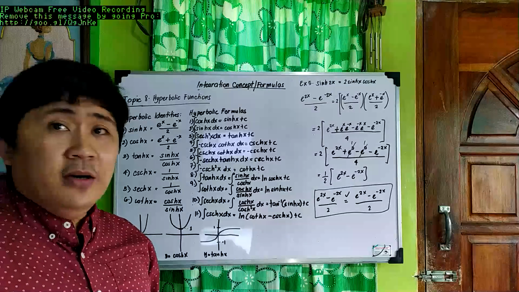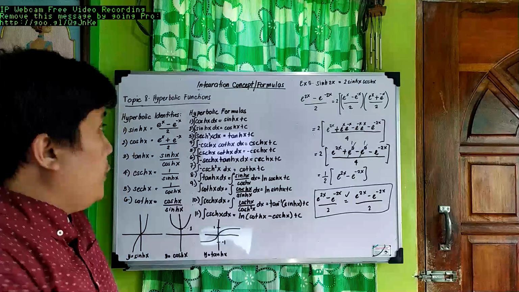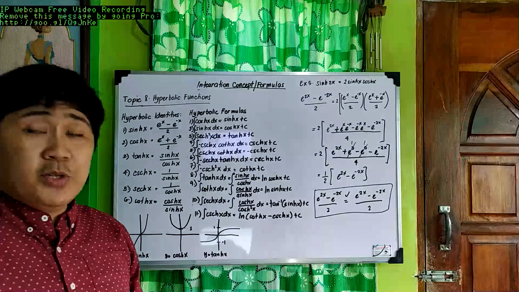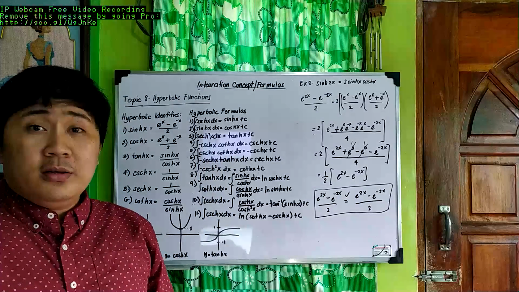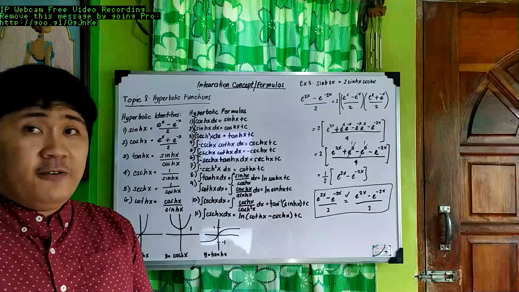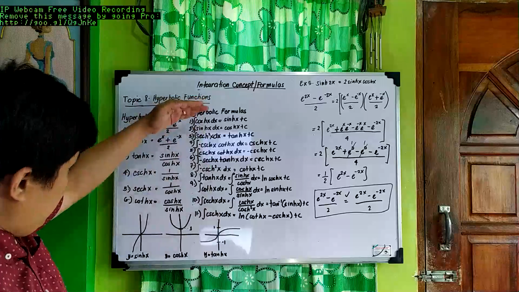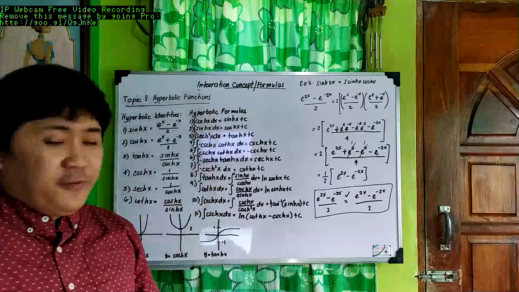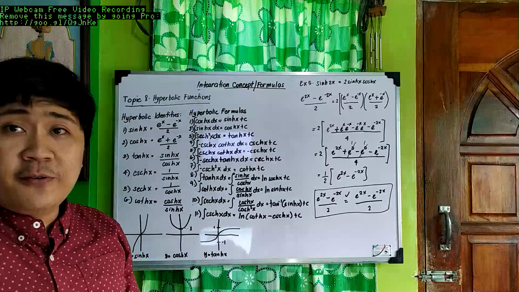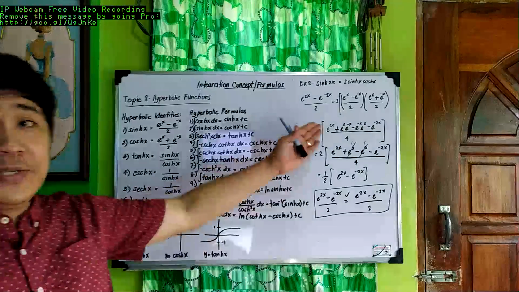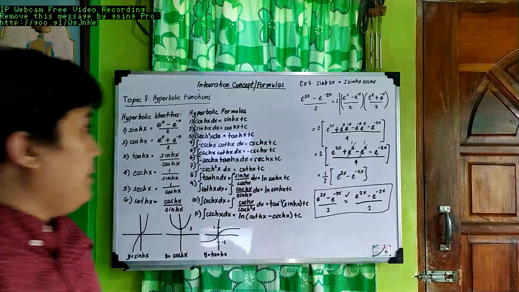Okay? So now, we are done with those identities. Let's try to have examples for our actual integration of hyperbolic functions. So, we'll now use these formulas in order for us to solve. Okay? So, again, let me erase this one. So, have a recap.